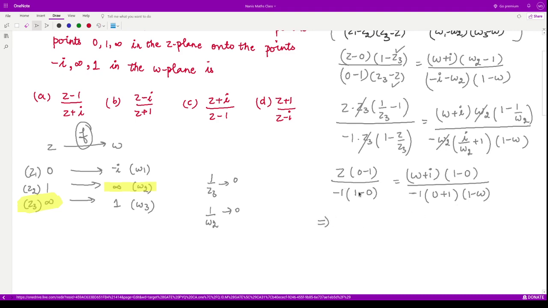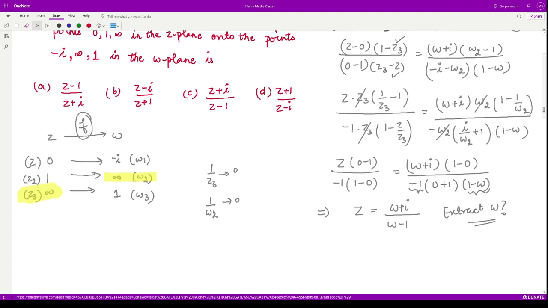We can simplify this. This minus 1 cancels with this one, so on the left hand side we only have z, and on the right hand side we have w plus iota, and from here we multiply this minus 1 inside the bracket, so we would have w minus 1. From here we are to extract the value of w, and we are done.